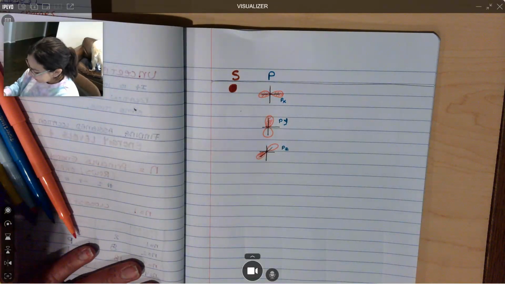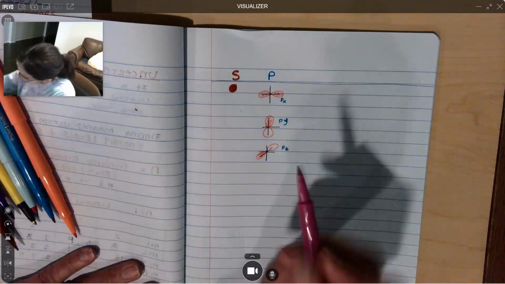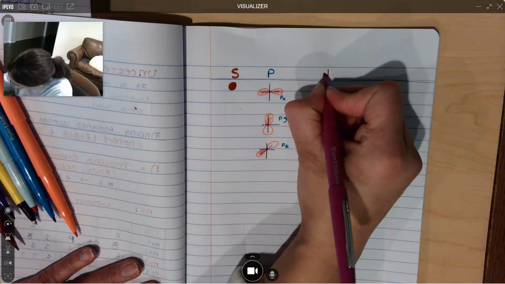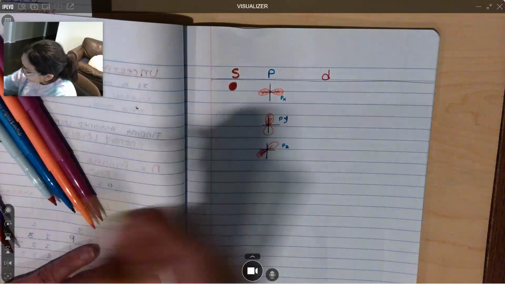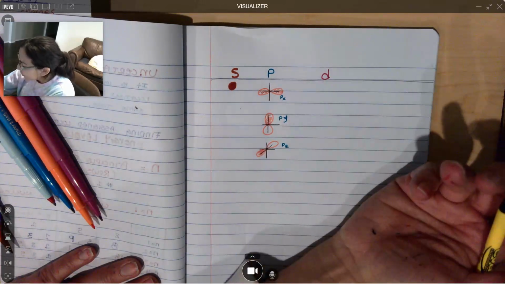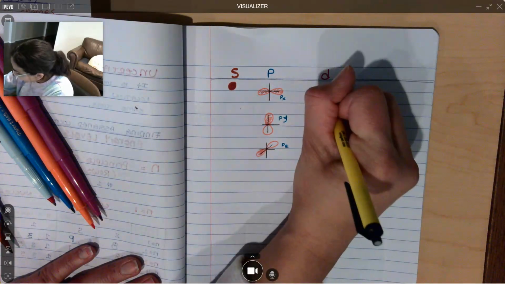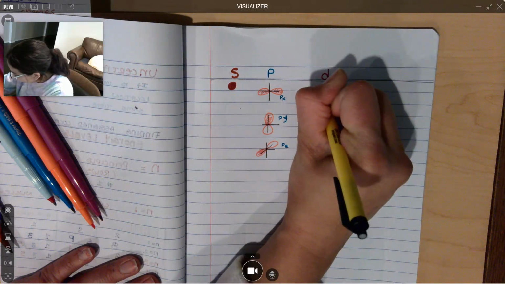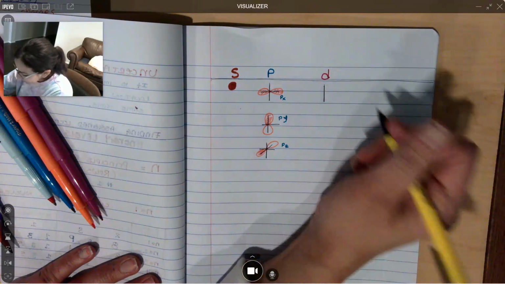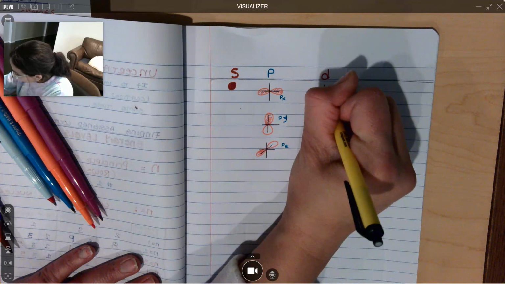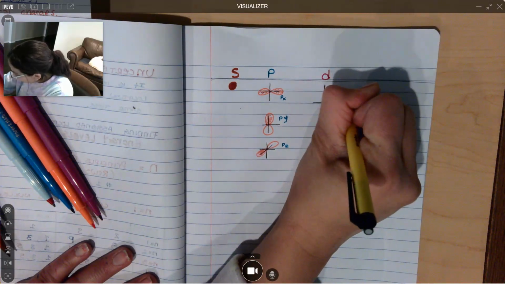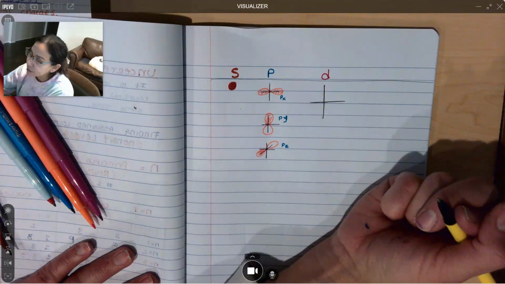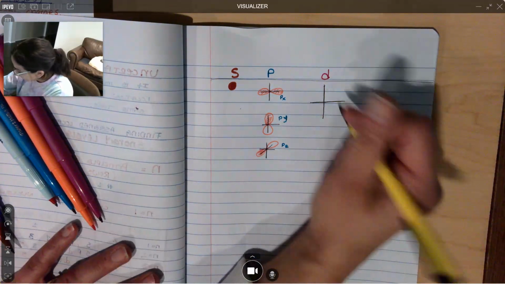Okay, the next orbital that we're going to do is going to be the d orbital. And the d orbital, we said, has the d sublevel, and the d sublevel has 5 different orbitals inside of it. Now to save us some time, let me make this a little bit bigger. 4 of these orbitals are almost the same.